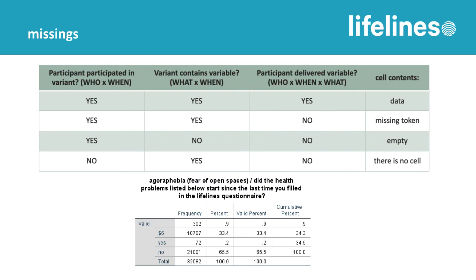And so skipping it, although we cannot guarantee that it means no, it's quite likely that it means no. They skipped it because they don't have the disease and they didn't take the trouble to say no. There will also be a lot of people who did not ever get this particular question, and that information, those empty cells, we have no idea whether they developed agoraphobia. So it could either be yes or no. So in your analysis and your bias control and your percentage calculations, you can really be more precise now, we think.